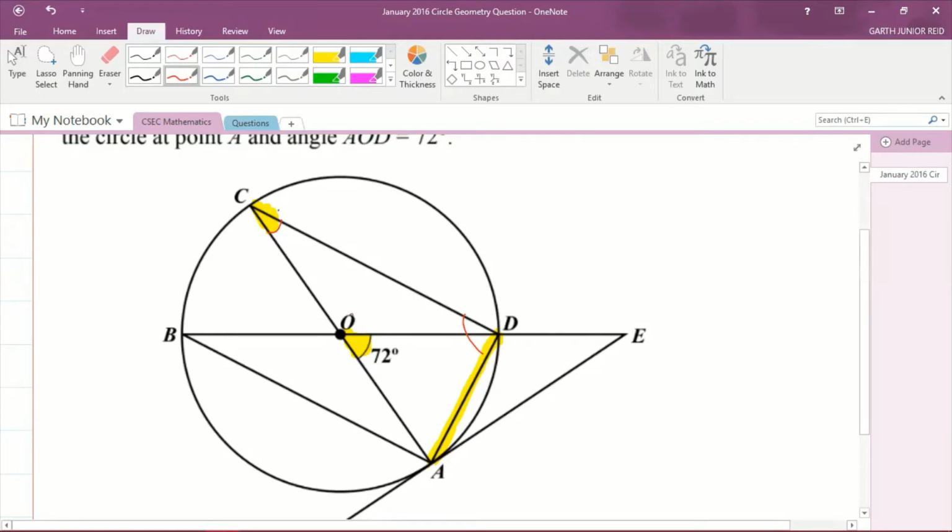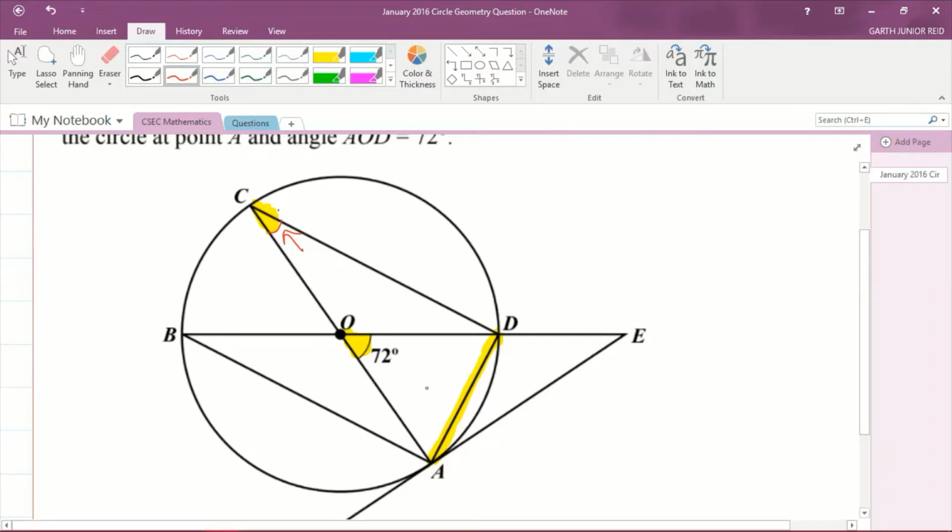So yes, we stated that these angles here, which I have highlighted in yellow, all right? What do you know about those angles now? All right, now clearly this angle here labeled in red, okay? So let me take off this angle here, good. So this angle here labeled in red, that is the angle at the circumference, right? That angle is at the circumference. So what can we say?